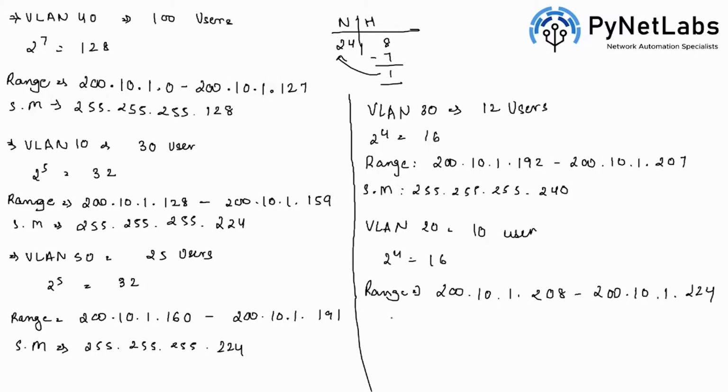Then after that, the subnet mask will be the same, which is 255.255.255.240.